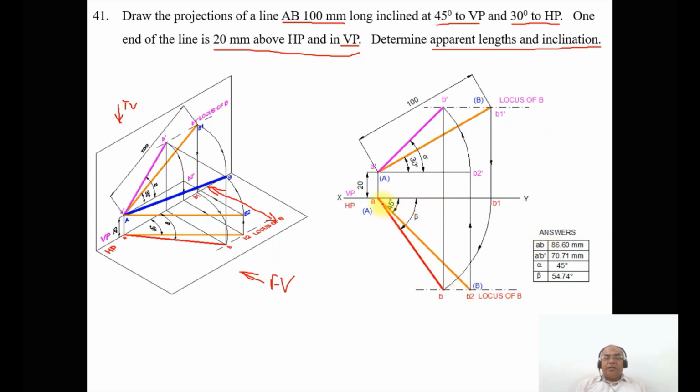Then by using the protractor with A dash as center with respect to the A dash B2 dash line, you measure the angle alpha, which will be exactly 45 degrees. And by using the protractor with respect to the XY line you measure the angle beta below the XY line, which will be 54.74 degrees when you are doing it in computer, but in manual it will be 55 degrees.